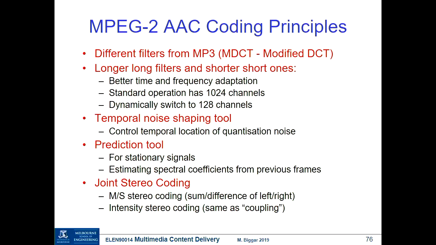What was MPEG-2 AAC based on? Well, it used longer long filters and shorter short filters, so it was doing adaptive filtering as I described that Dolby was doing. Used a different filter. What else?